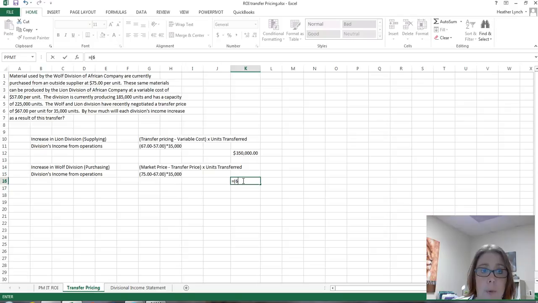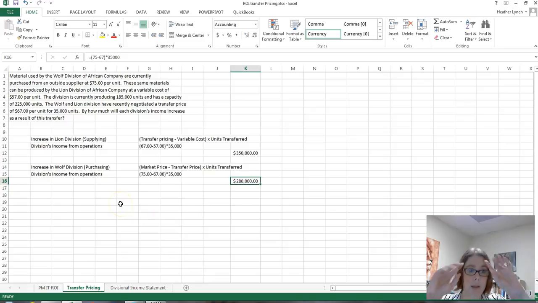So if we take our $75 minus our $67 times our 35,000 units, we're going to get a divisional income from operations of $280,000.